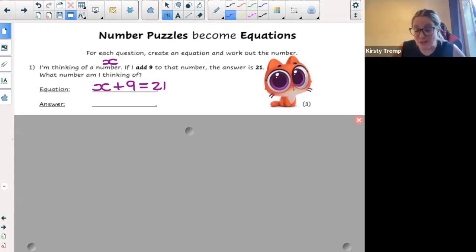Now, there's different ways to do this. You would have learned before when you were in grade 6 and maybe at the beginning of this year in grade 7, that you can say to yourself, what plus 9 gives me 21? So what number plus 9 gives me 21? I can see Umar had his hand up for a while.